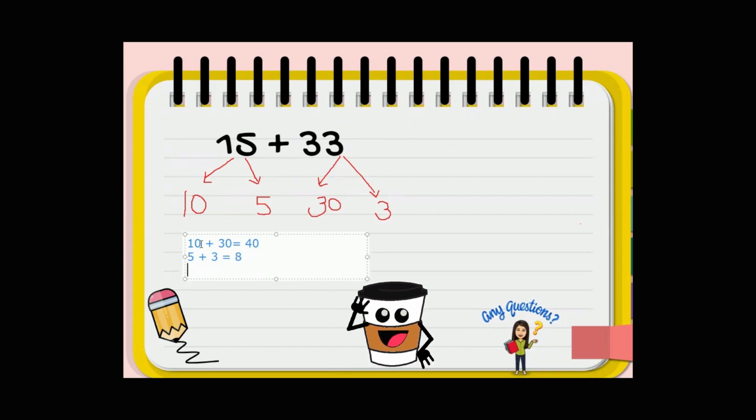So when we add both the answers, 40 and 8, we get 48. So 48 is the answer. So we can say 15 plus 33 is 48.